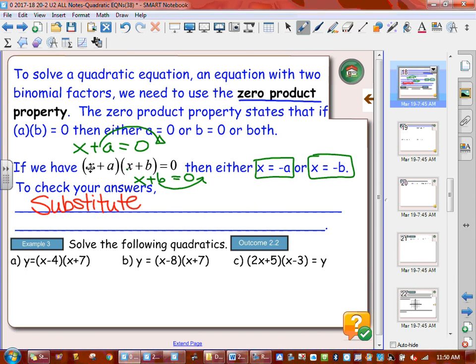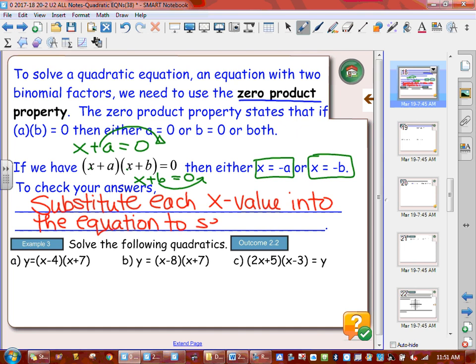We have to substitute each x value into the equation to see if the brackets equal 0 when you multiply them. So when you multiply, you always want to get an answer of 0. And if you do, then that means that number is a factor of that equation. It means it works.